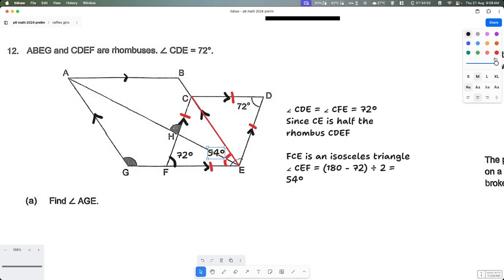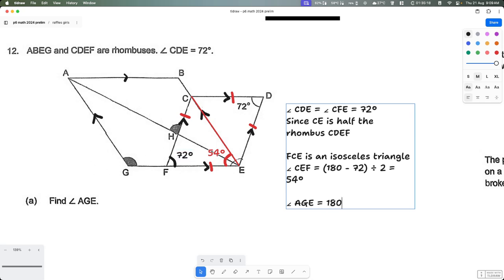Now since we know this is 54 degrees, we can find angle AGE. For a rhombus, the adjacent angles add up to 180.